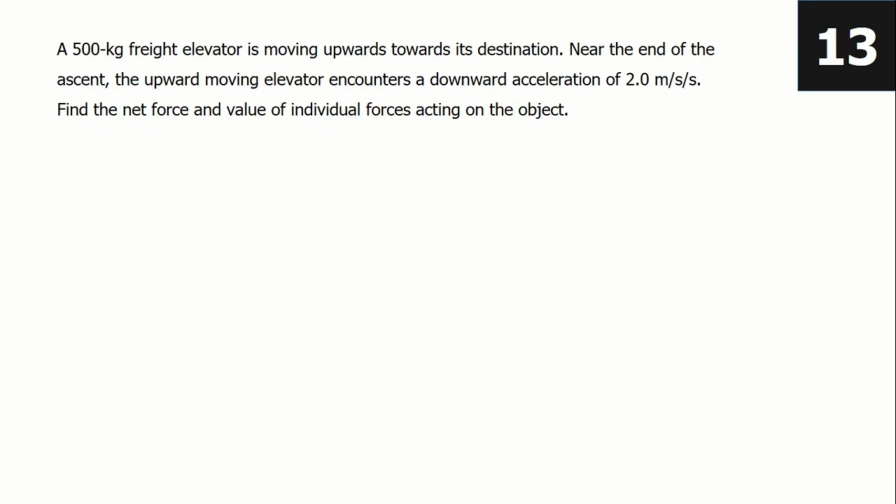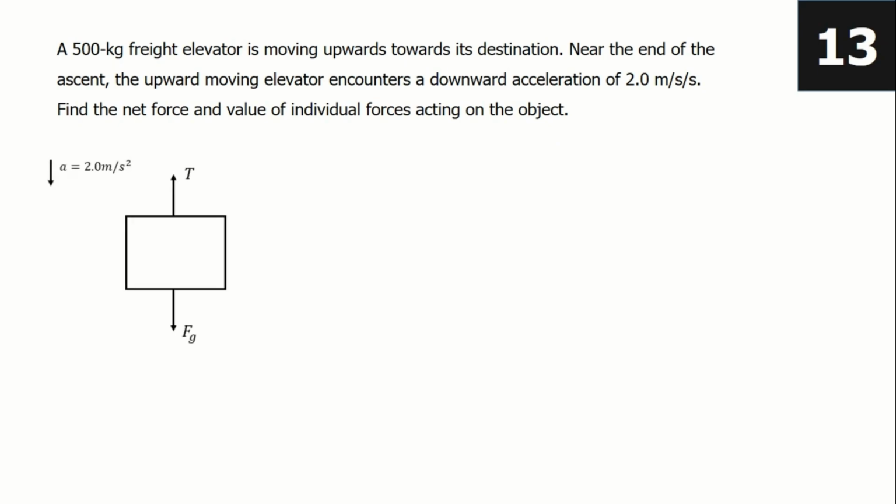So we're given an acceleration of 2 meters per second squared, and we have to find out the net force and the value of individual forces acting on the object. Again, since we have an elevator, we're expecting tension to be present in the free body diagram. Since there is an acceleration, I should be able to compute for a net force. My net force should not be equal to 0.